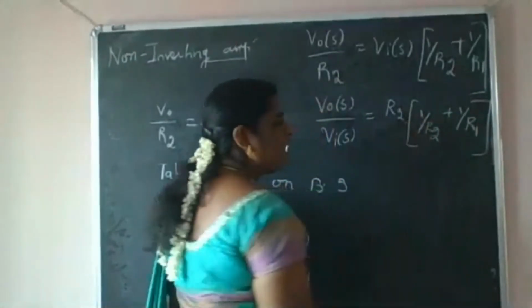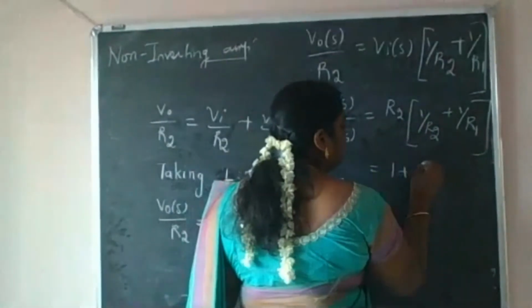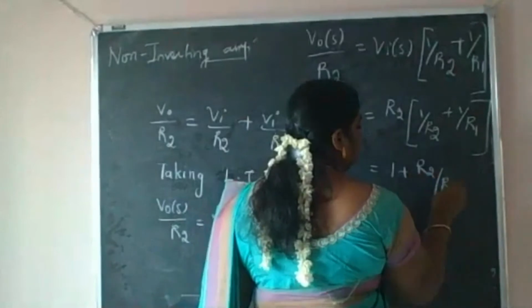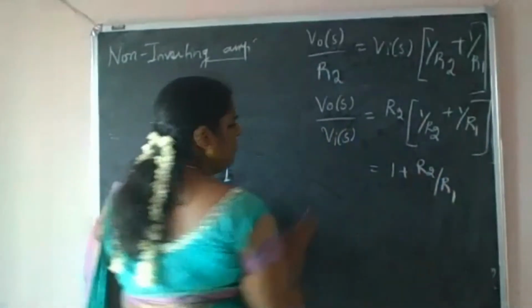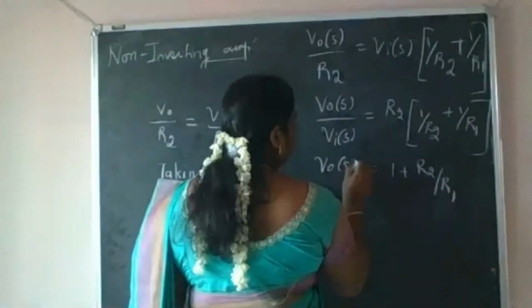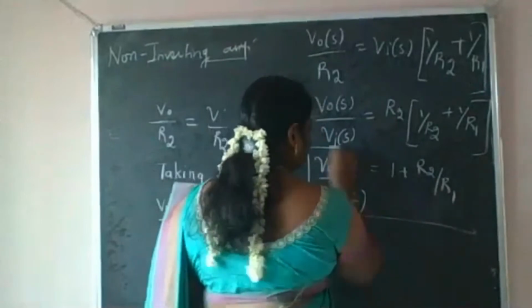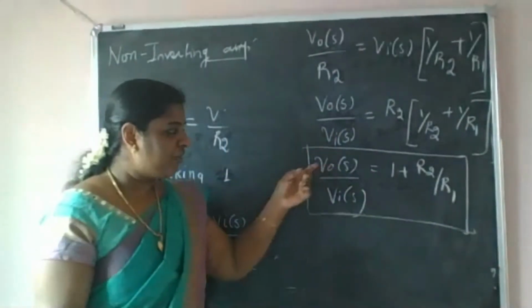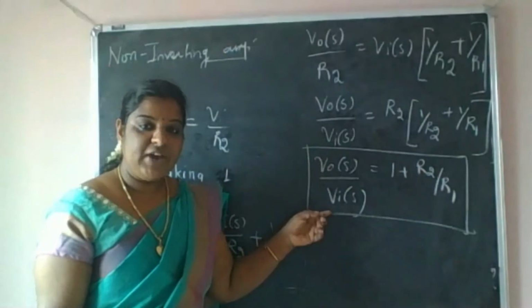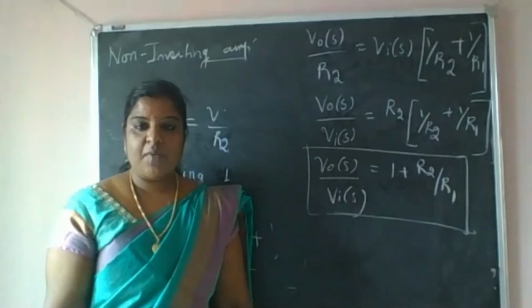Multiplying this R2 through, we will get 1 plus R2 divided by R1. So this is the transfer function of the non-inverting amplifier: V naught of S divided by Vi of S is equal to 1 plus R2 divided by R1.